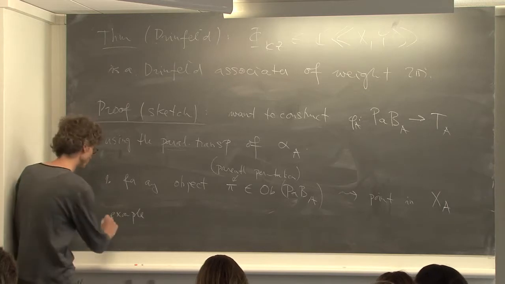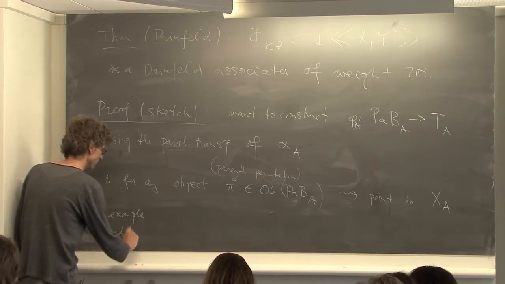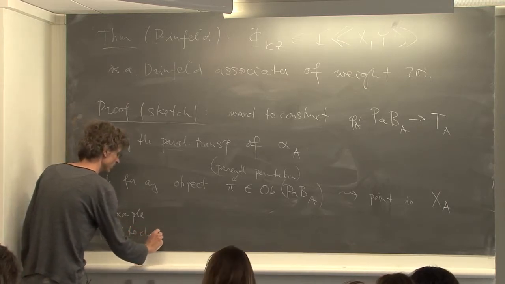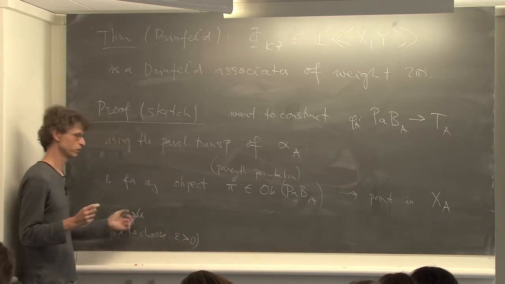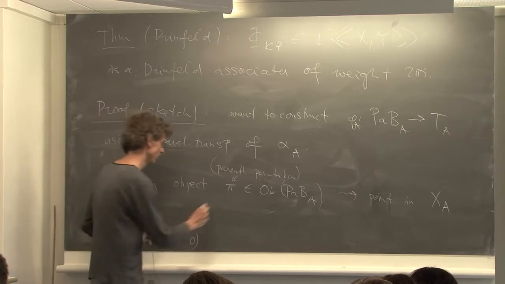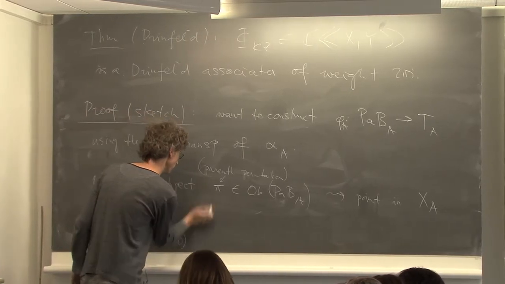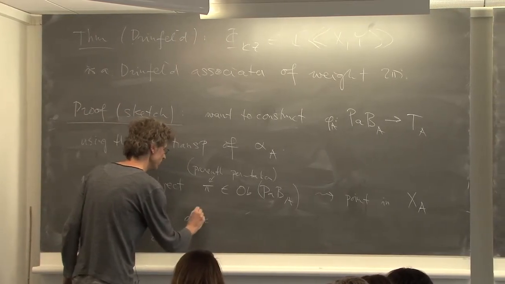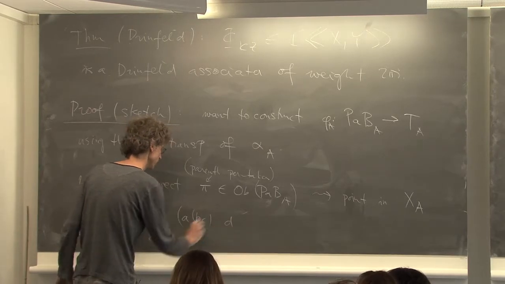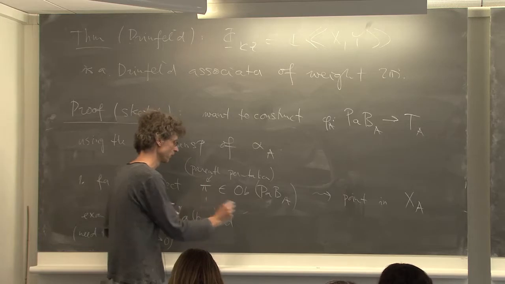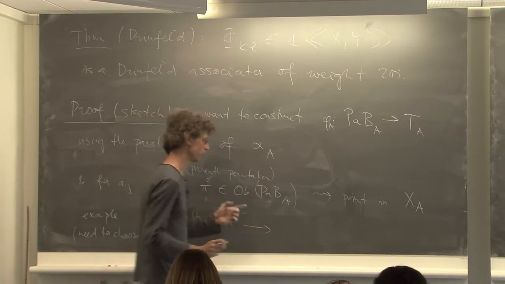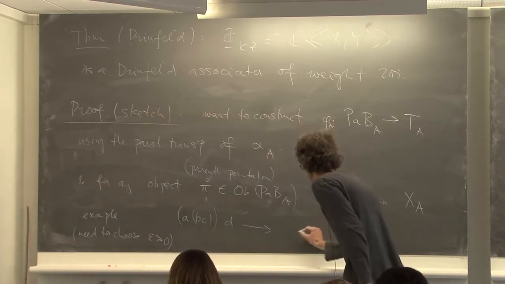First of all, we need to choose some small positive epsilon, and say to (A, B, C), D thingy. So to this particular object, we assign the following configuration.